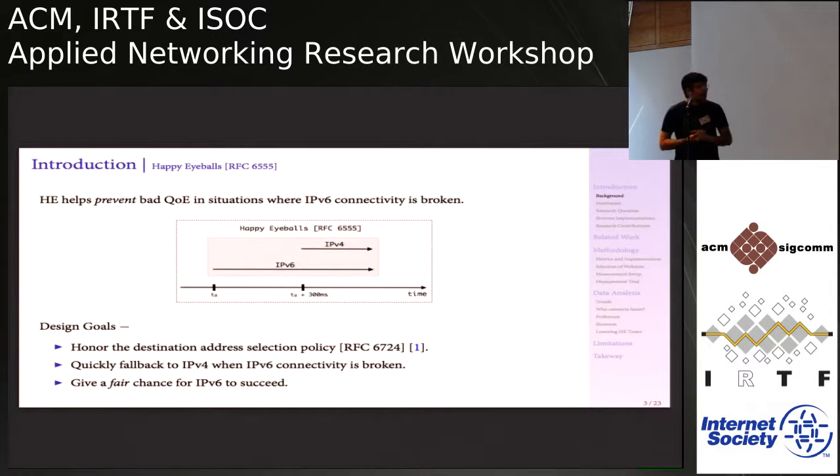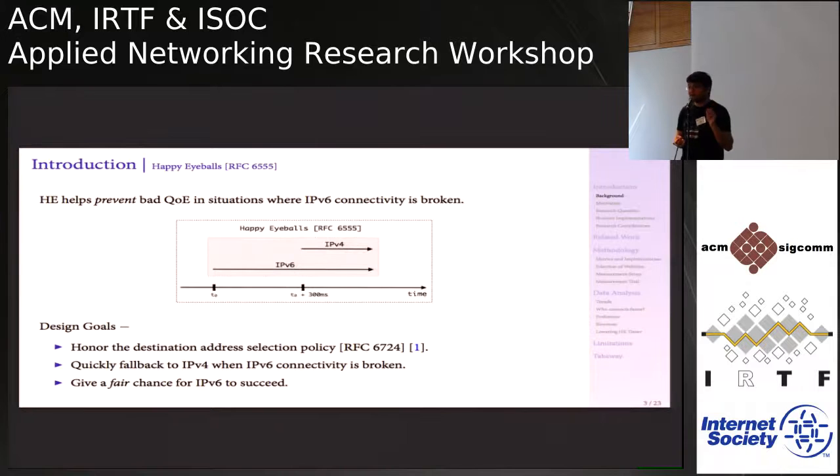Usually it is v6, and you give it 300 milliseconds to succeed. If the connection succeeds in 300 milliseconds, you're good to go and you use v6. Otherwise, instead of waiting for a timeout, you switch to a different address family, which is v4, and then you start a parallel race between both address families, and whichever wins will be used for the ongoing TCP connection.